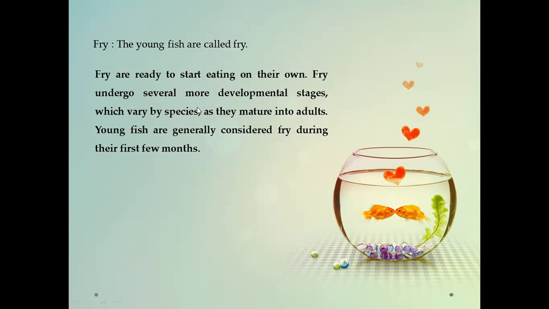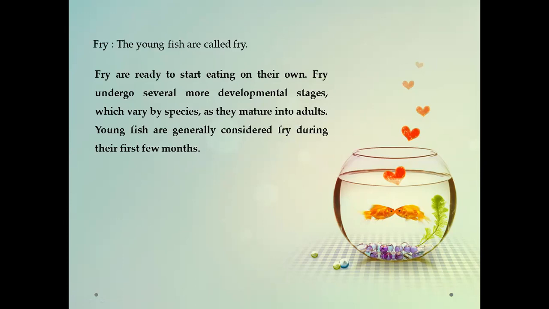As they mature into adults, the young fish are generally considered fry during their first few months. Understood? After a few months, it will be able to reproduce and continue its life cycle.